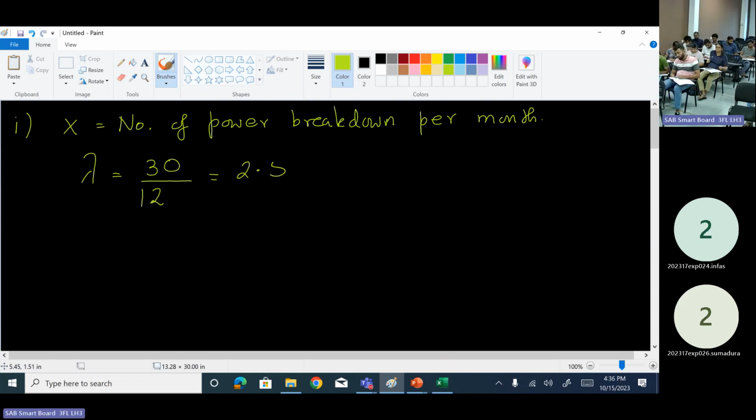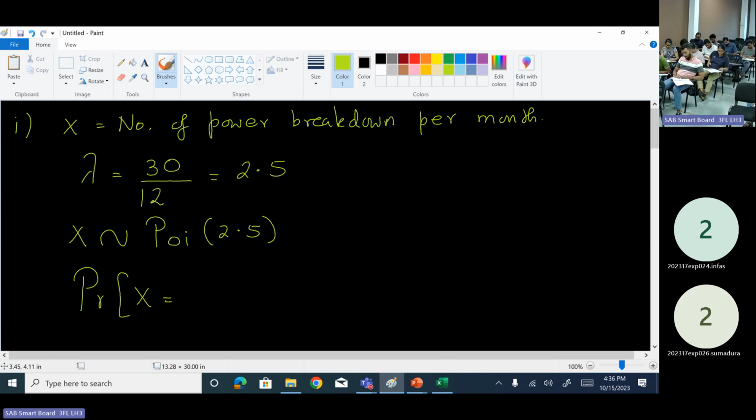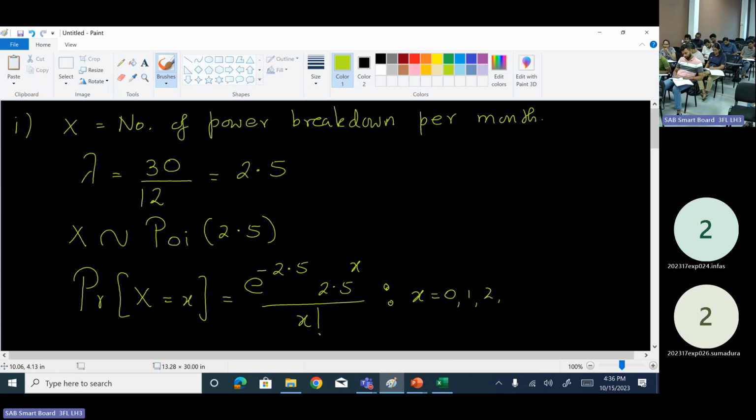So 2.5. X follows Poisson with 2.5. So we can write down the probability function: probability X equals x is e to the power of minus 2.5, 2.5 to the power of x over x factorial, where x can be 0, 1, 2, 3, and so on.